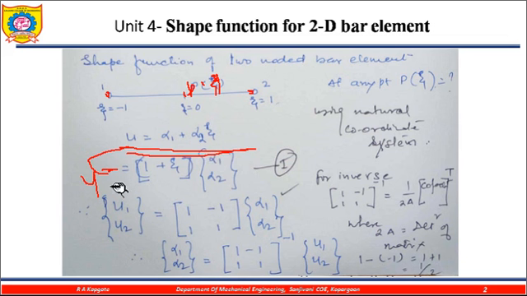Then we write this in terms of u1 and u2, because this is my u1 at node 1, and this is my u2 at node 2.